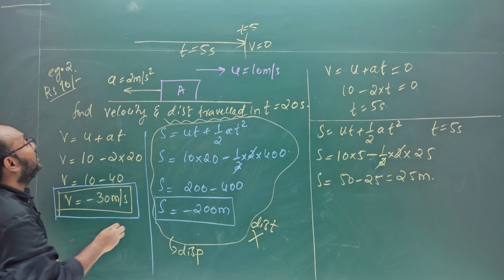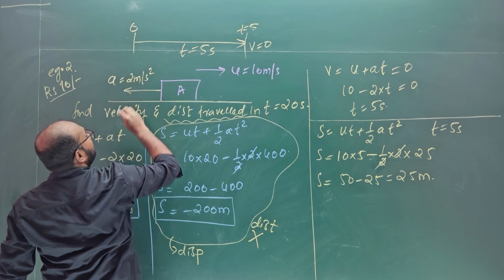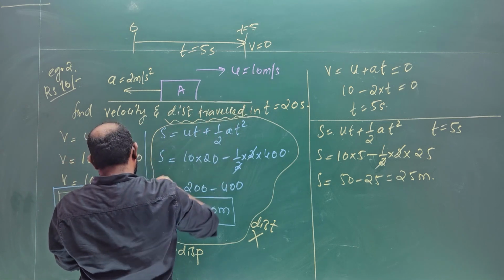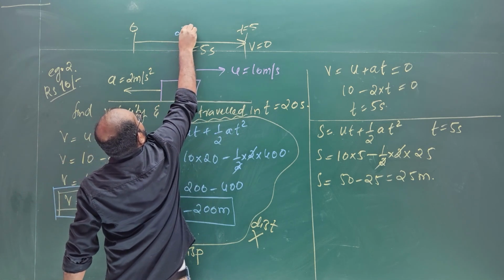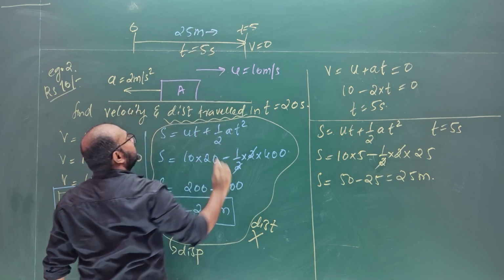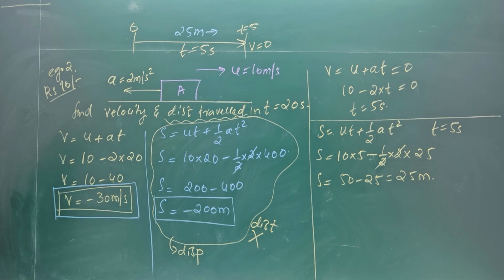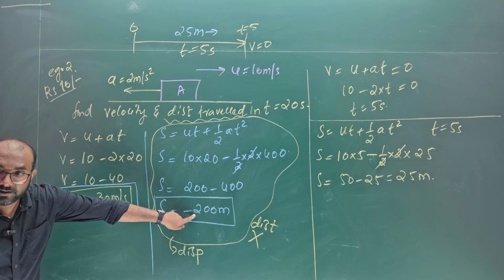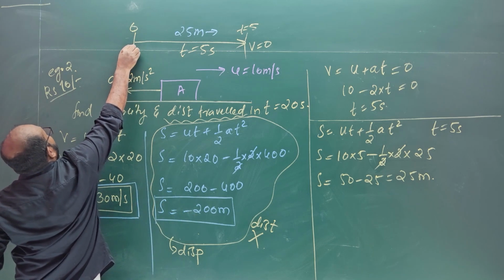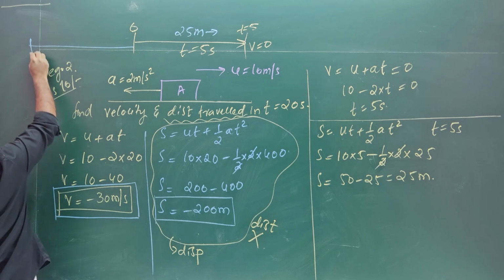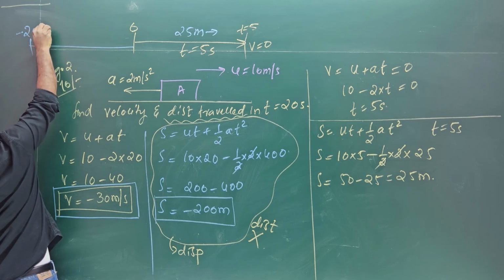So if this is your origin, the body traveled in this direction 25 meters. Now, we got displacement equal to minus 200. That means at this point there will be a displacement of minus 200 meter.